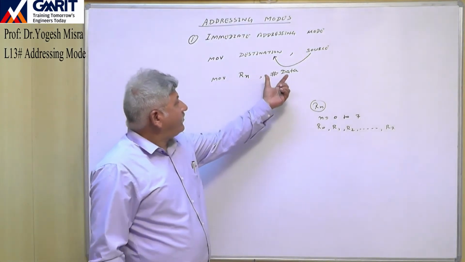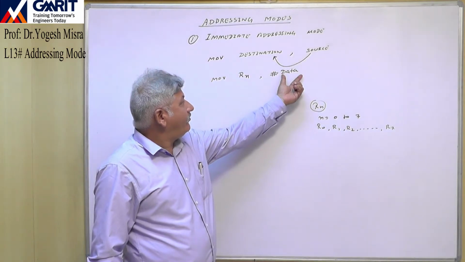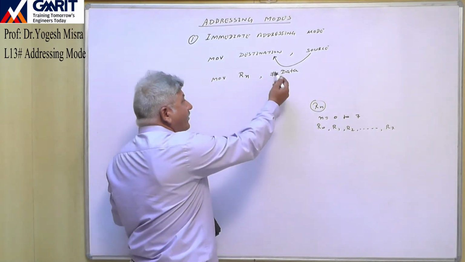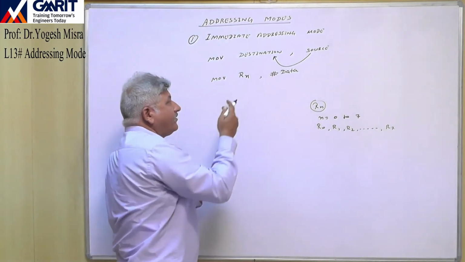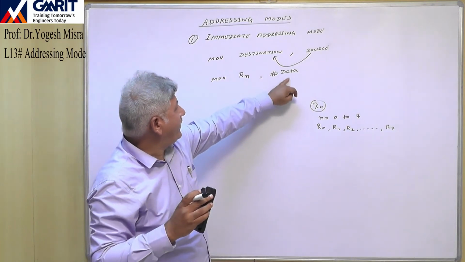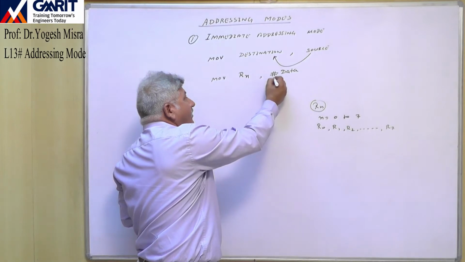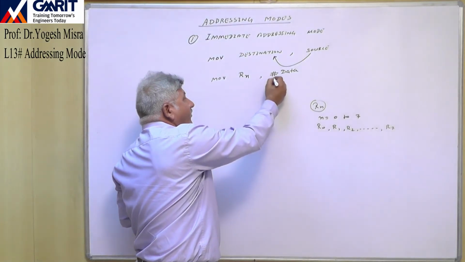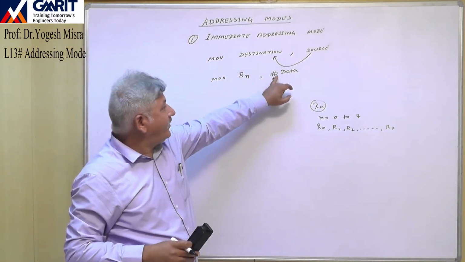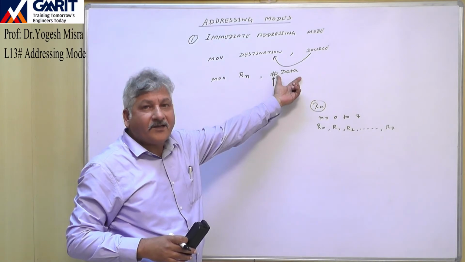Here we want to transfer our data from source to destination, and here we are just mentioning the data, and before the data we have added a symbol hash. So this indicates that this is an immediate data. This is an example of immediate addressing mode.